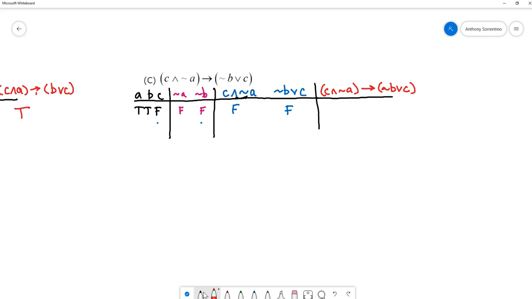It's an if-then statement. So if C and not A is true, then not B or C is true. Again, for this statement to be true, either the left and right hand side of this statement in red has to be true at the same time, or the left hand side just has to be false. And that's what's going on here. The left hand side is false, so that automatically makes this a true statement.